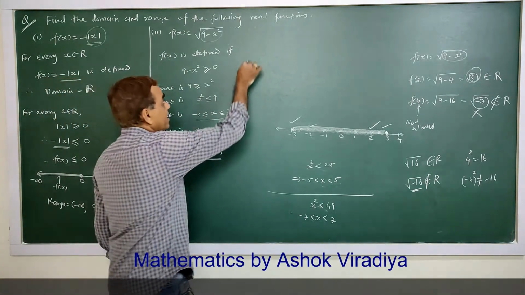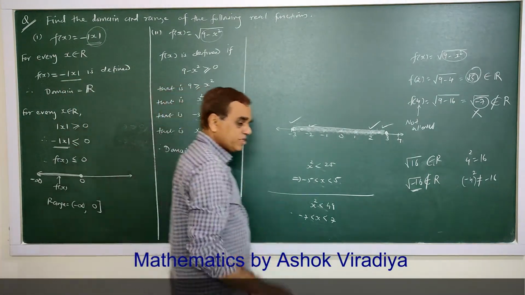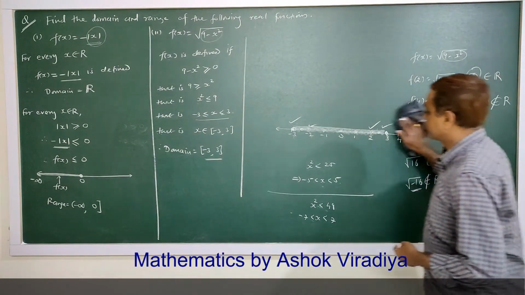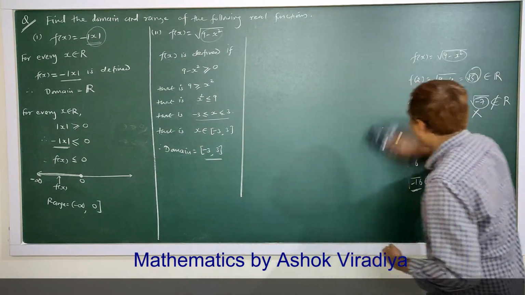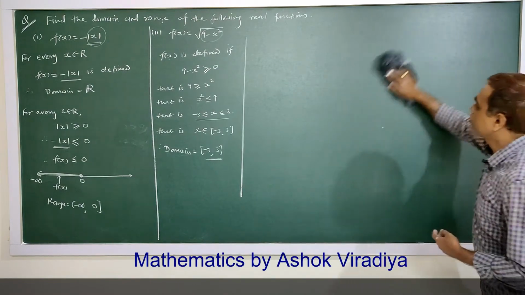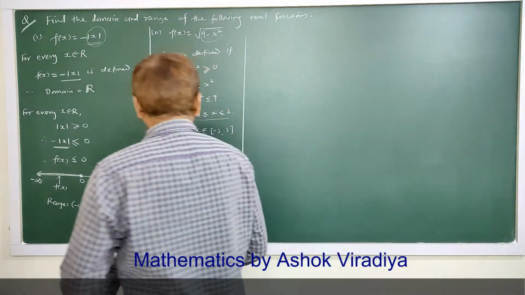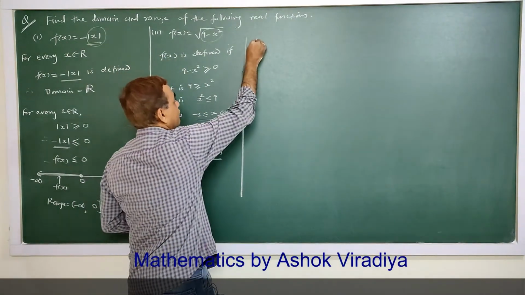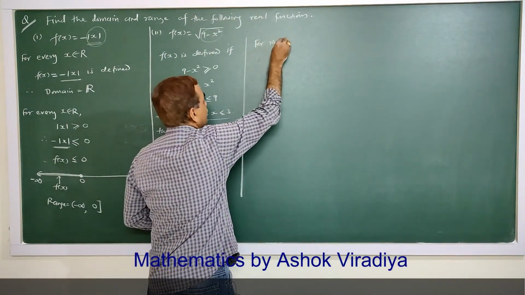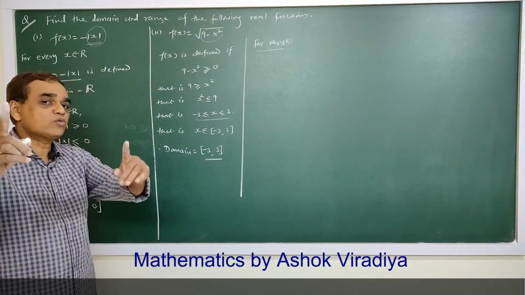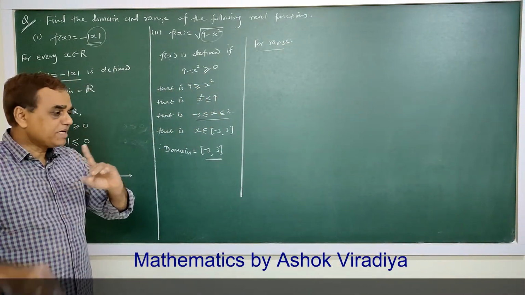Now we find the range of this function. Range means a set of outputs, means the set of f(x) values, that is, in which interval the values of f(x) lie. Now for range, this calculation is for range. Whenever you calculate range, begin from the domain.